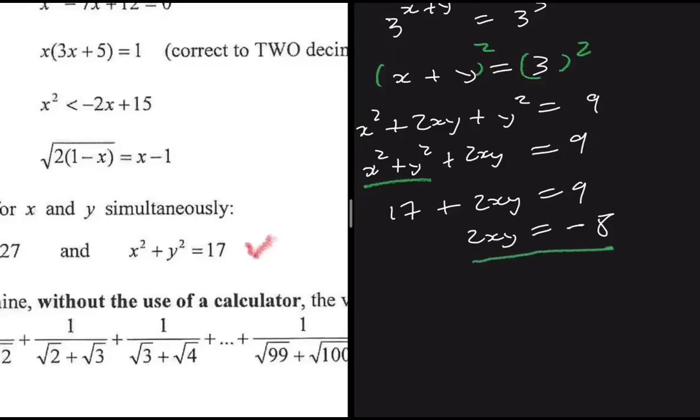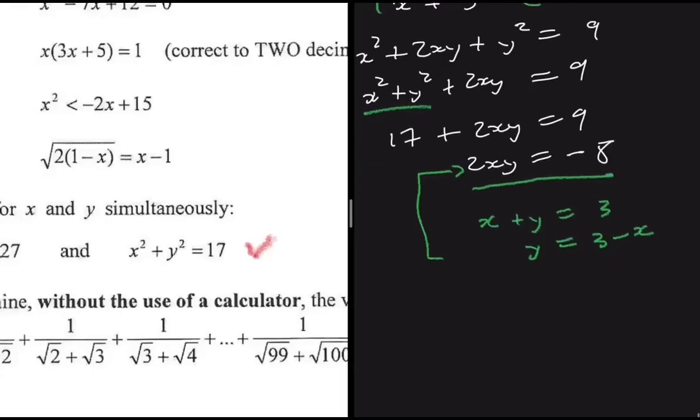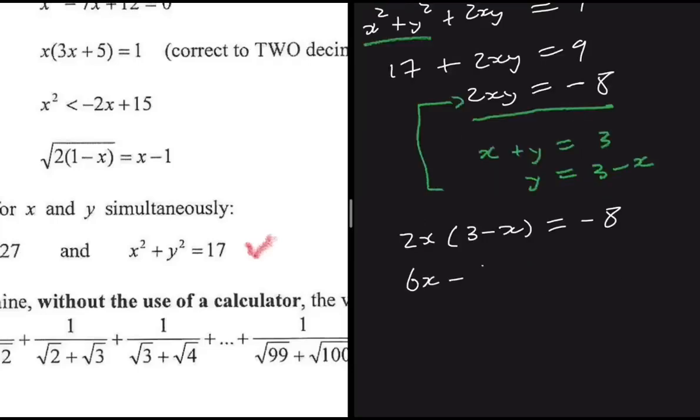But we know that x plus y is supposed to be equal to 3. So if we make y the subject of the formula, we can say that y is equal to 3 minus x, right? So let's substitute this back into this equation. If we do that, we're going to get 2, and then x is x, and then y is 3 minus x, and then this is all equal to minus 8. 6x minus 2x squared is equal to minus 8, right?